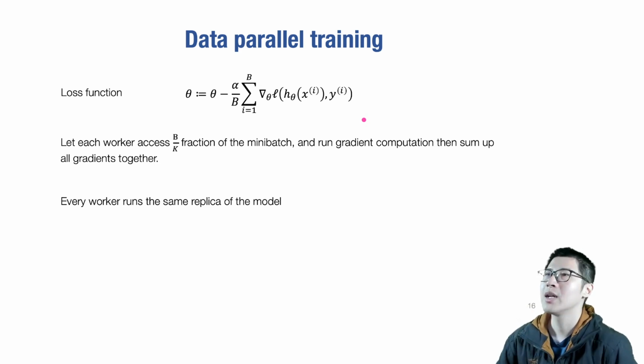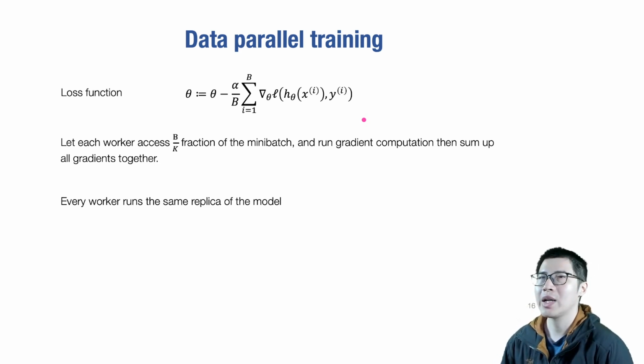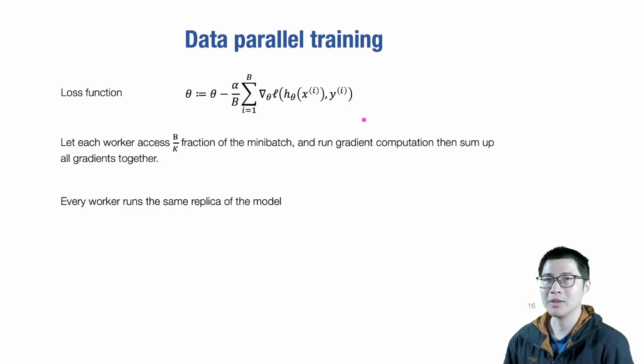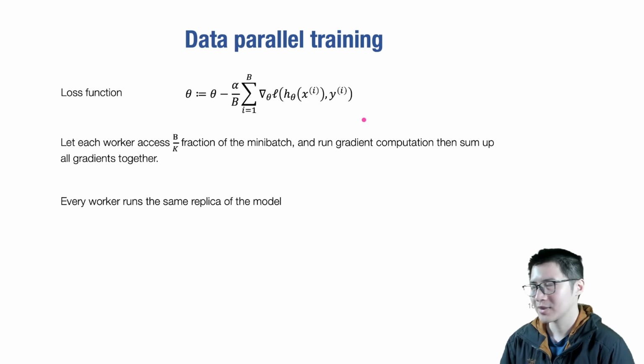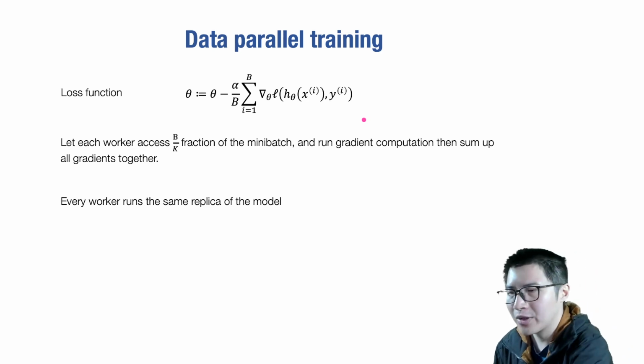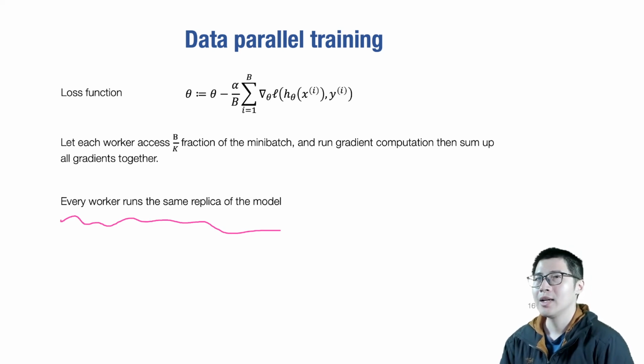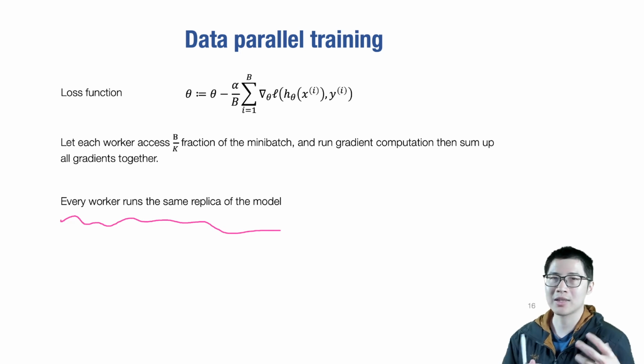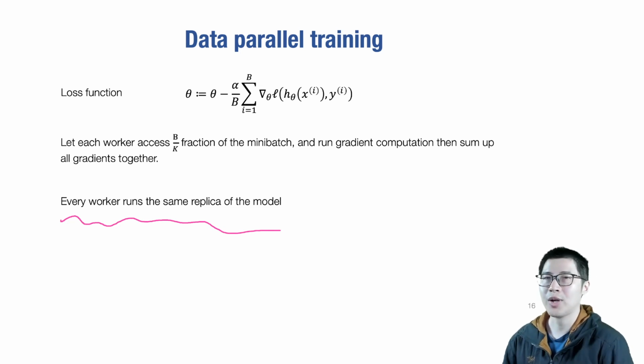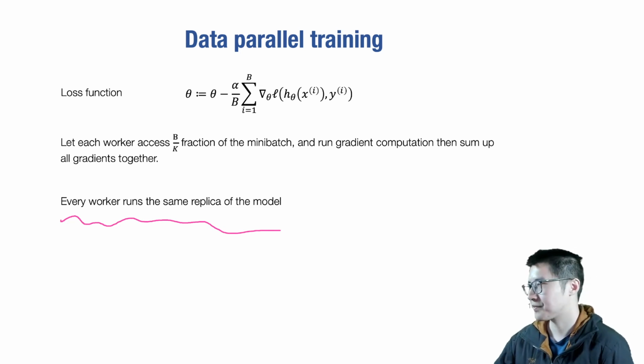Within each worker, we run the gradient computations in parallel, and then we sum the gradients together. The good part of data parallel training is that every worker runs the same replica. So there's effectively no difference between the models that run on worker 0 and worker 1. The only difference is they get a different subset, a fraction of the mini batch.